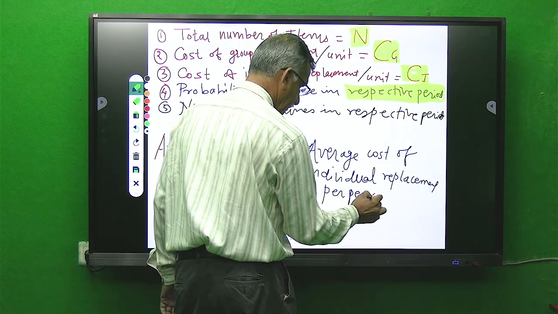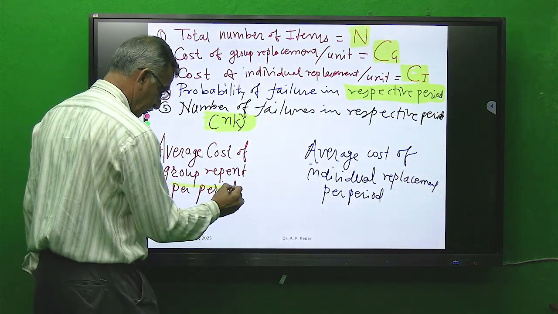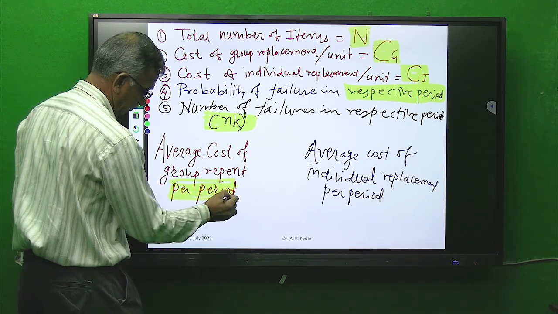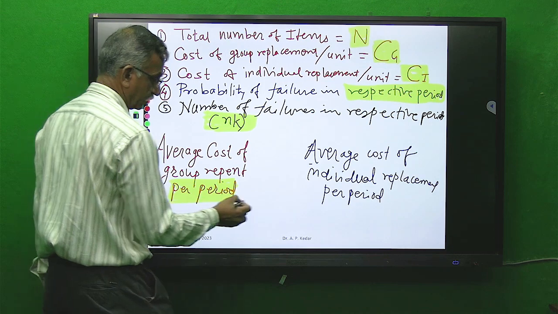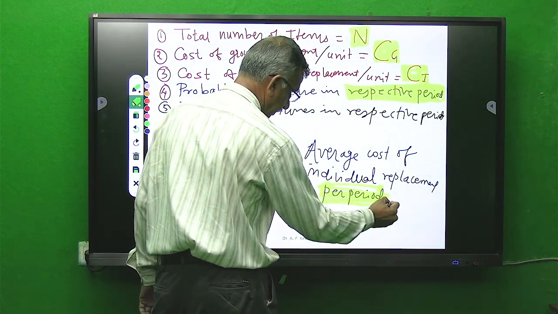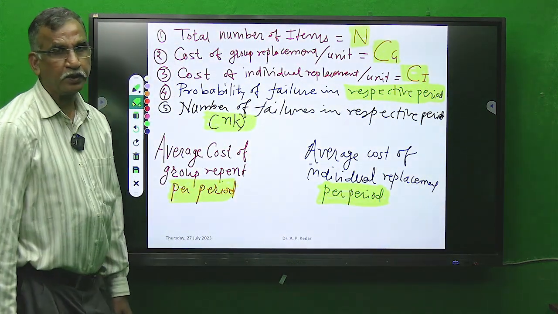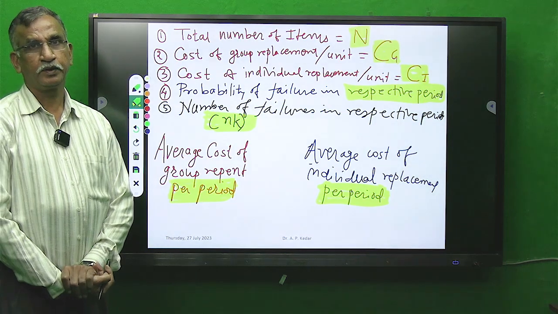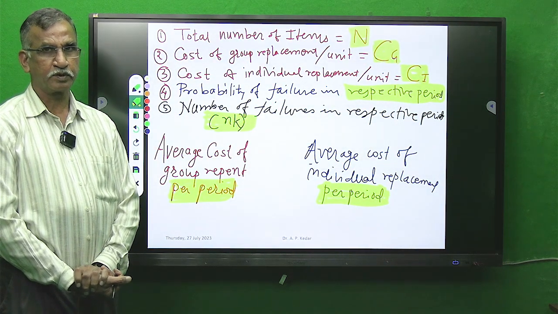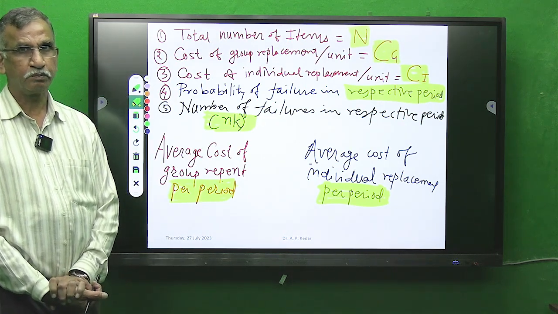See here, in both analyses, my point is very important. I want the comparison to be made, and for that the unit has to be the same, and for that I am taking the unit as per period. If the period is week, it is per week. If the period is month, it is per month. Usually for group replacement policy, usually I am saying, the period is in years.